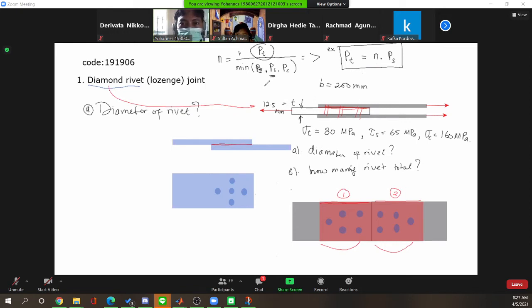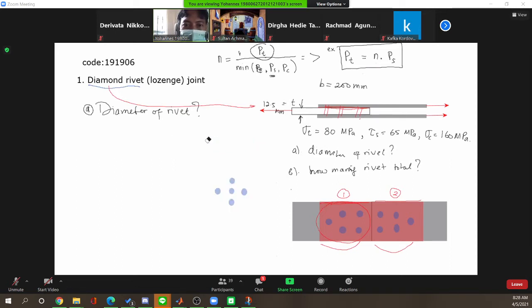Okay, so if we have the arrangement of rivets like this, then how to calculate or determine the efficiency? How to calculate the strength of this joint? First I will remove this.